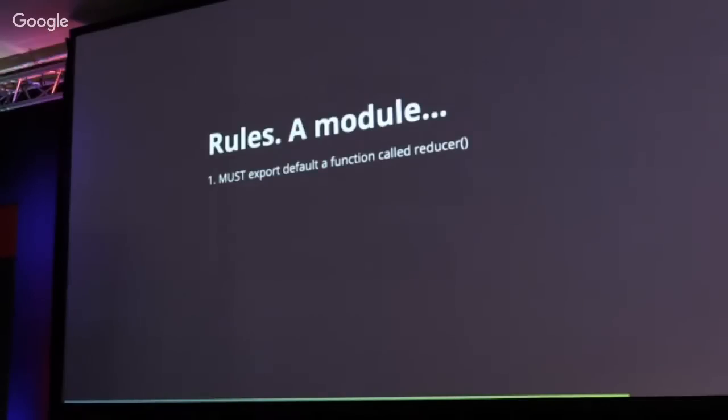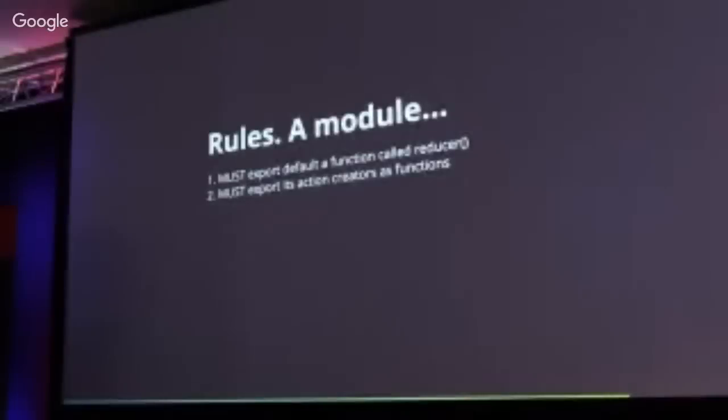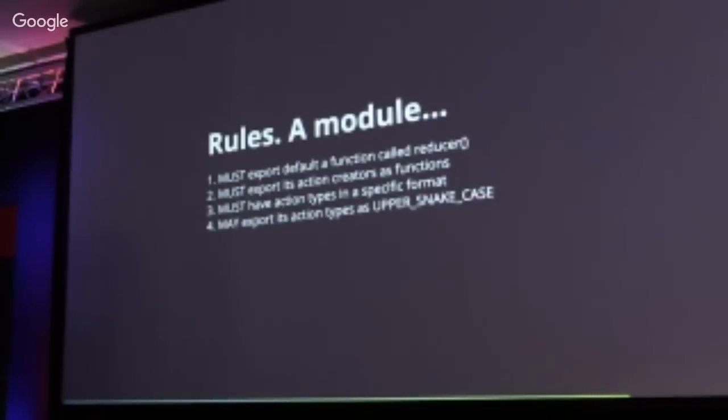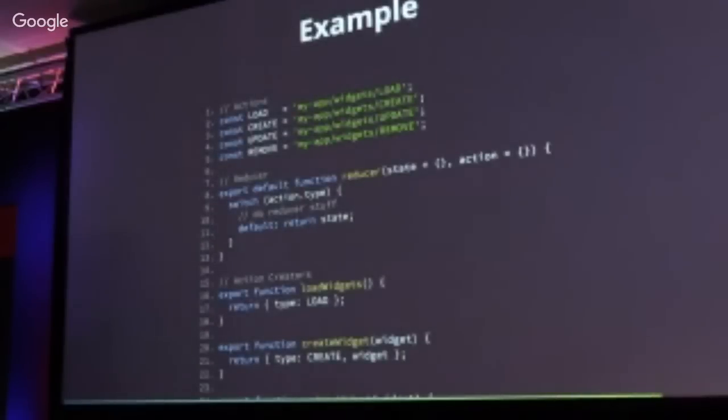That's your reducer that you want to put in the module. It must also export its action creators as functions. It must have action types in a specific format. We will see in the example how that looks. And then it may export its action types as upper snake case. My suggestion is that it may export its cycles as a single function called cycle. Let's see that in the example.